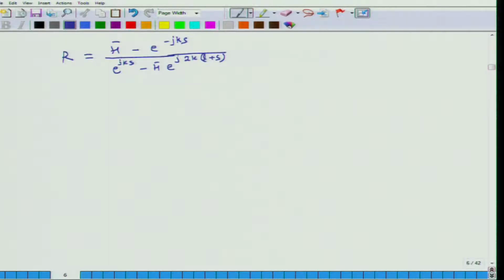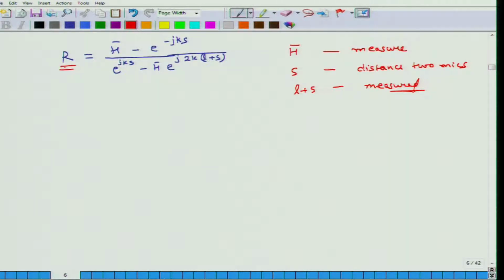So in this relation, H bar we can measure, S is the distance between two mics, and L plus S is also a property of the tube. So it can be measured. So if we are able to measure all these things, I can calculate R.